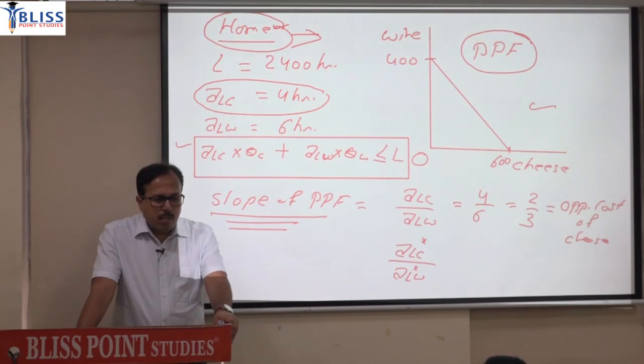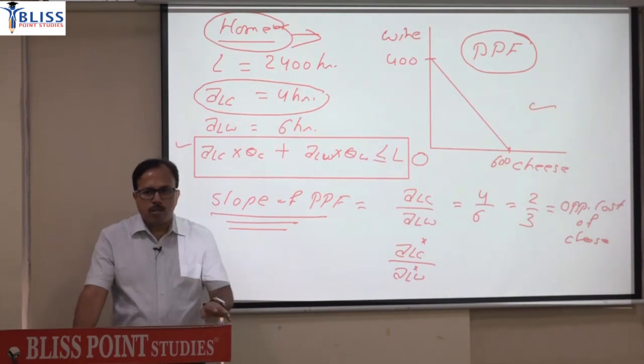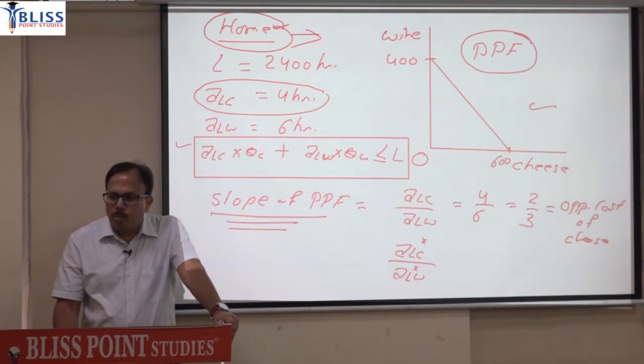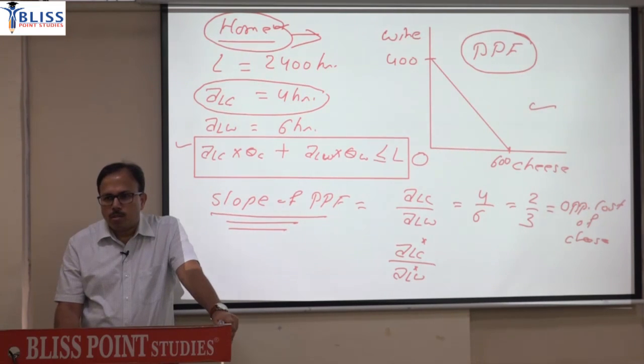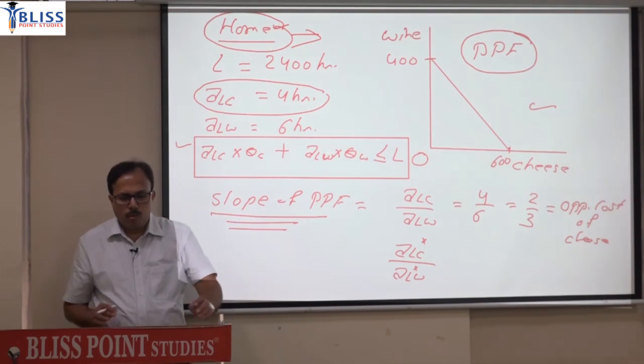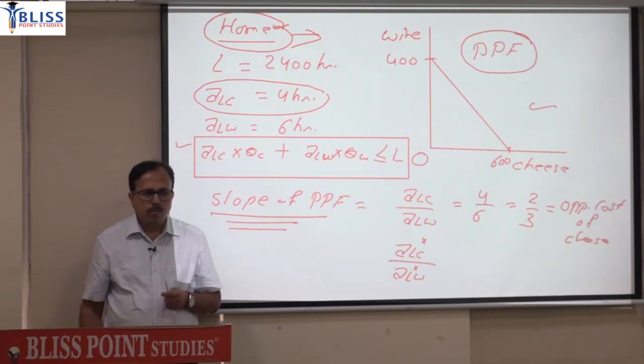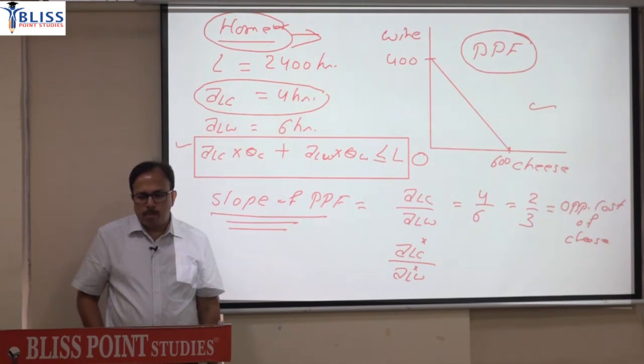Slope of PPF measures opportunity cost. That is cost of one good in terms of other good.